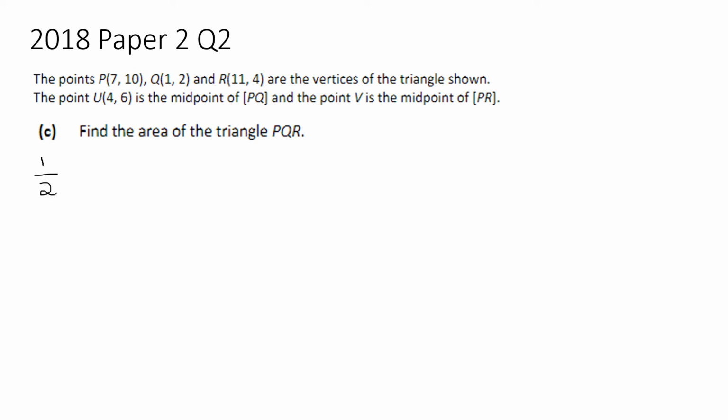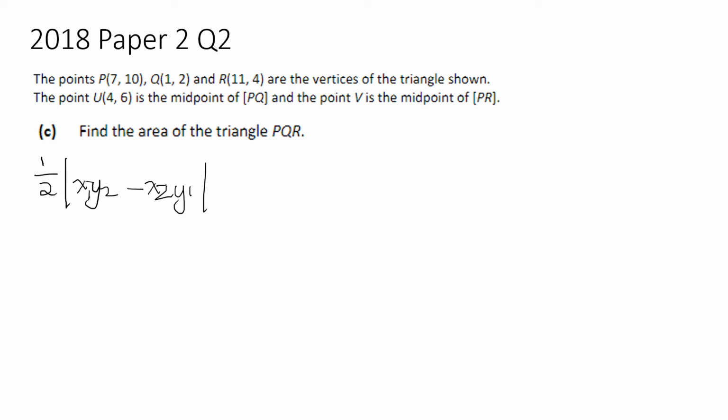That is a half, and then you have x1, y2 minus x2, y1. These two side by side means that you're multiplying. These bars around them just mean that you take the absolute value. So if you get a negative value, just include the positive value regardless.